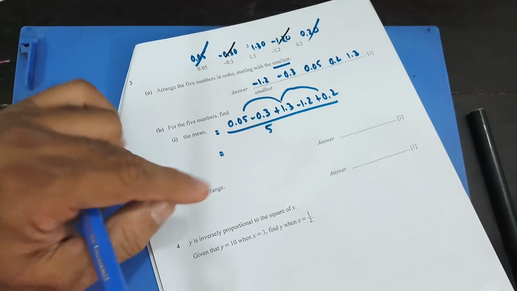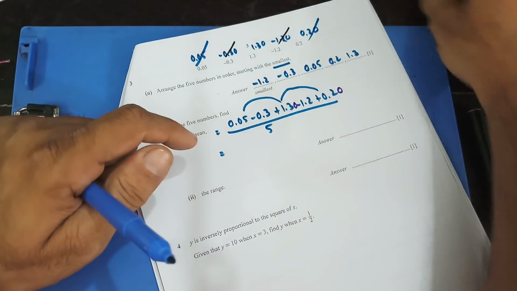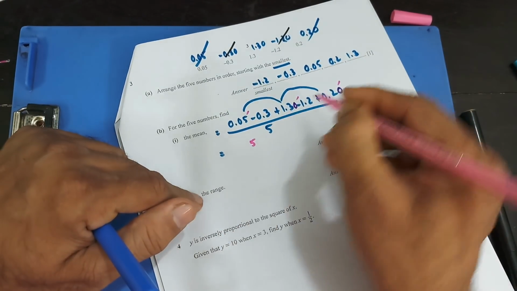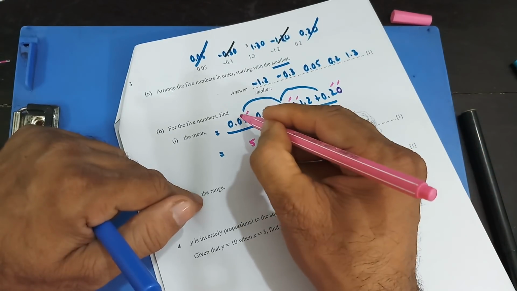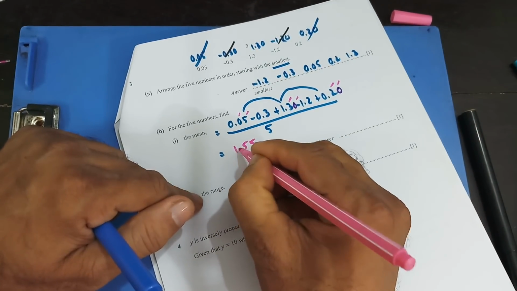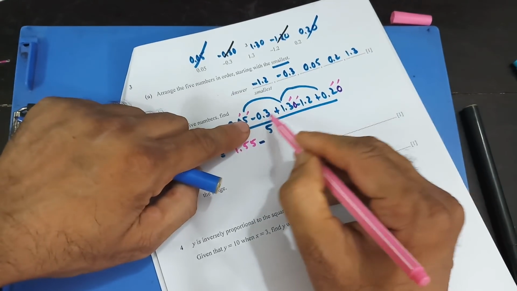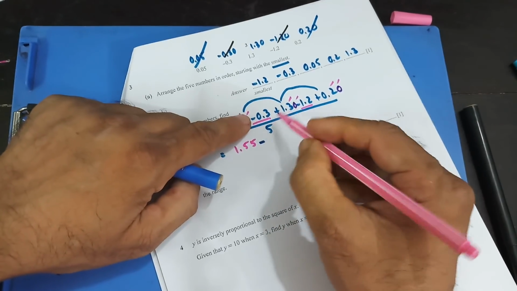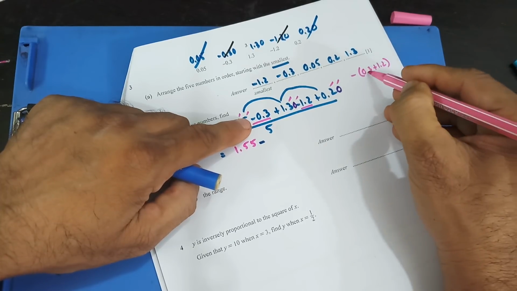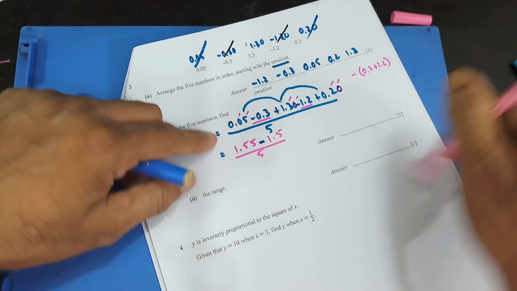So put 2 digits and 2 digits. 0 plus 5 gives you 5, and then 2 plus 3 is 5, 5 plus 0 is 5, then over here 1, so that's 1.55. Then subtract, and these 2 are subtraction. So you can add these 2. If you take the minus sign common, it's going to be 0.3 plus 1.2. So this is going to be 1.5. So minus 1.5 divided by 5.